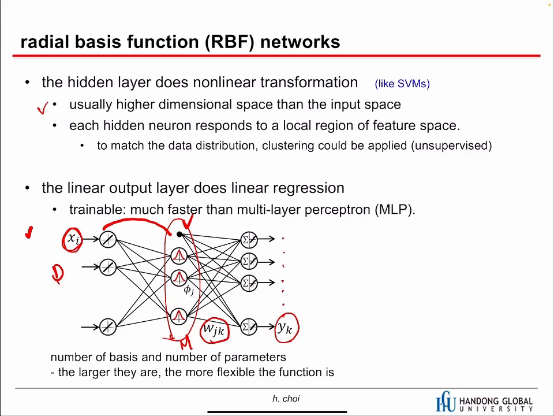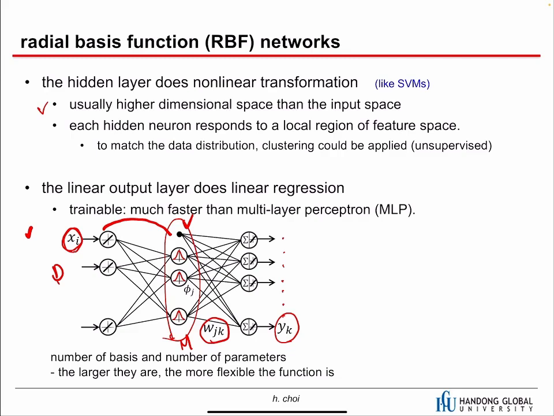And each hidden neuron responds to a local region of feature space. We already talked about this local property of the Gaussian function, right? So Gaussian basis functions or radial basis functions are local. One basis function is in charge of some local locations.